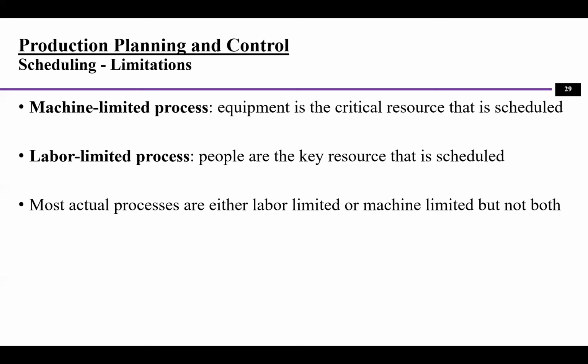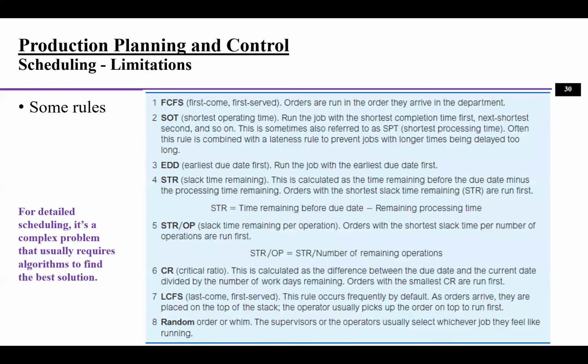And during scheduling, there are different types of limitations. One is the resource, like machine resource limited process. Another one is the labor limited process. And of course, when we are doing scheduling, they are based on the order types. You can use different rules: first come, first serve, shortest operation time, earliest due date, critical ratio, last come, first serve, random.